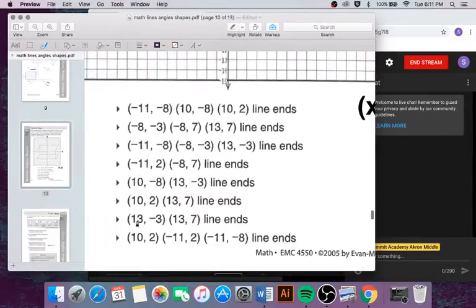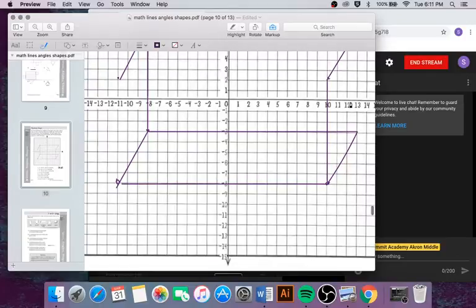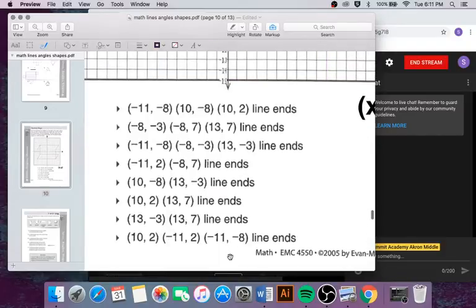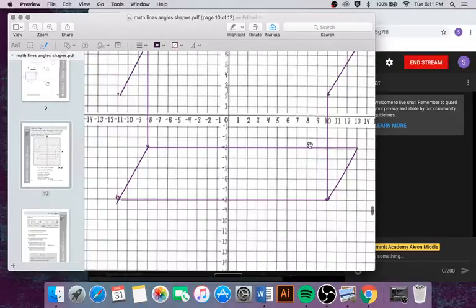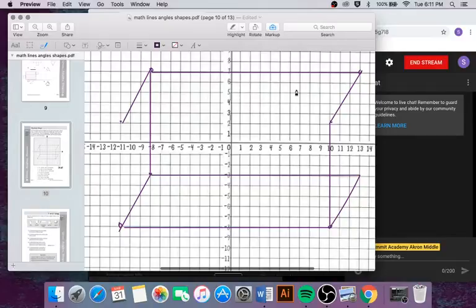Our next line is 13 and -3. So we're going to go over 13 and down to -3, which is right here. And we're going to connect that to 13, 7. So that's going to get connected to this one right here.